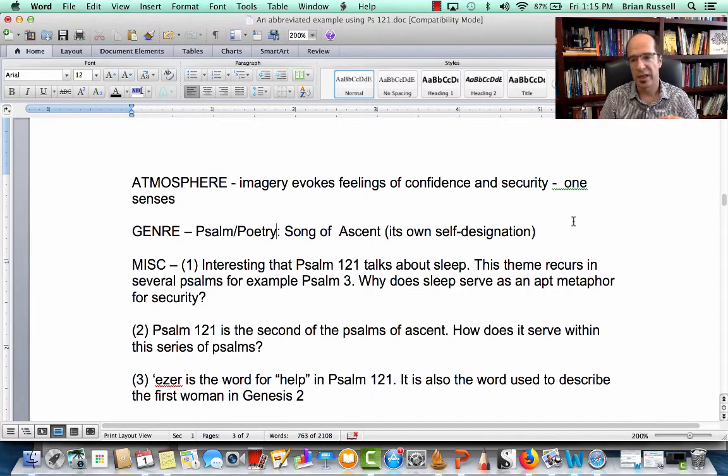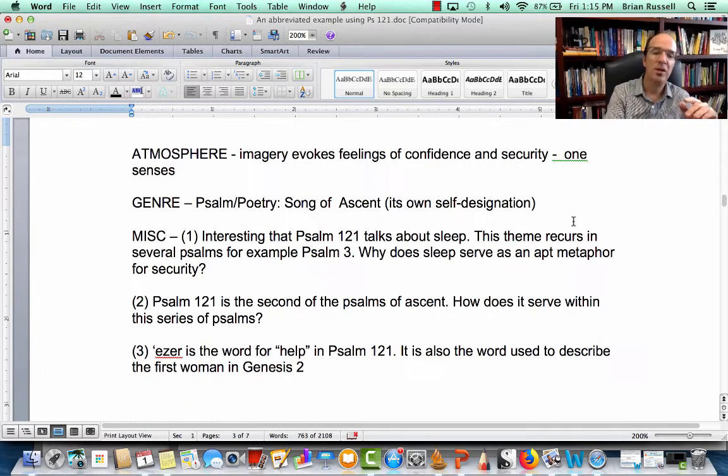You'll also have things like prose narrative, ideological passages, and legal passages. So you want to say something about the genre simply to remind yourself what type of literature you're reading. And then save some room for some miscellaneous comments.